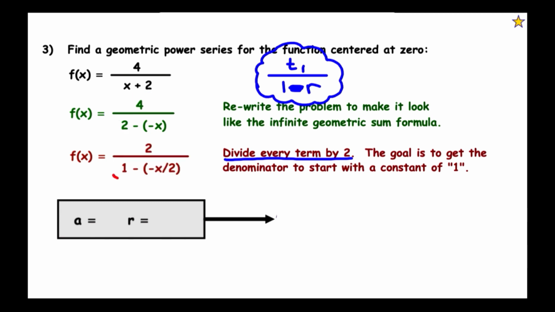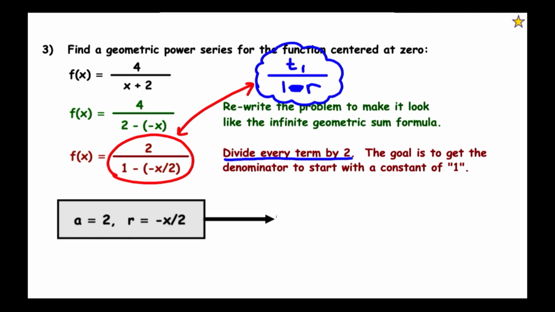And now you can see that this does match the form that I'm looking for. I've got the 1 minus in the denominator. So now in this case, I can tell you what a is, or term 1. It's going to be 2. And r is negative x over 2, or negative 1/2 x.